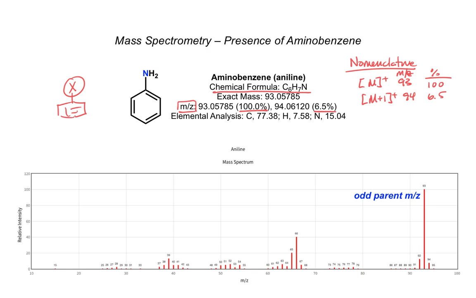So the molecular weight of aniline is 93. That's an odd number, right? So it's hard to see, but that number right there is 93. And so what we then infer is that the compound has an odd number of nitrogen atoms.